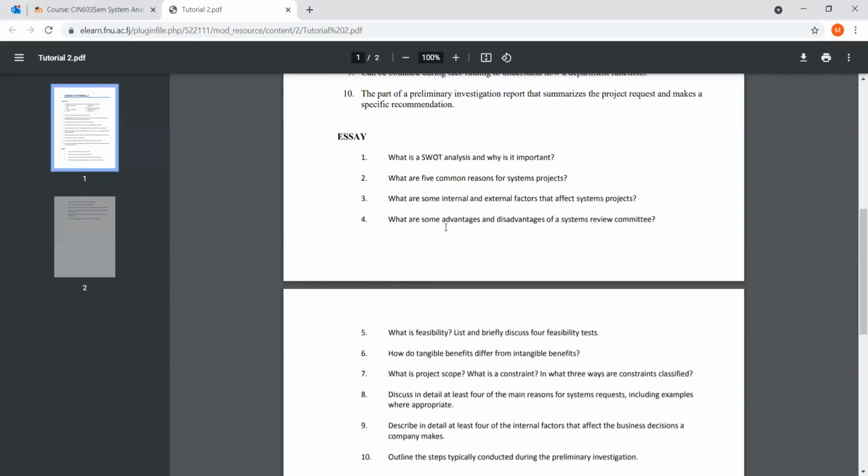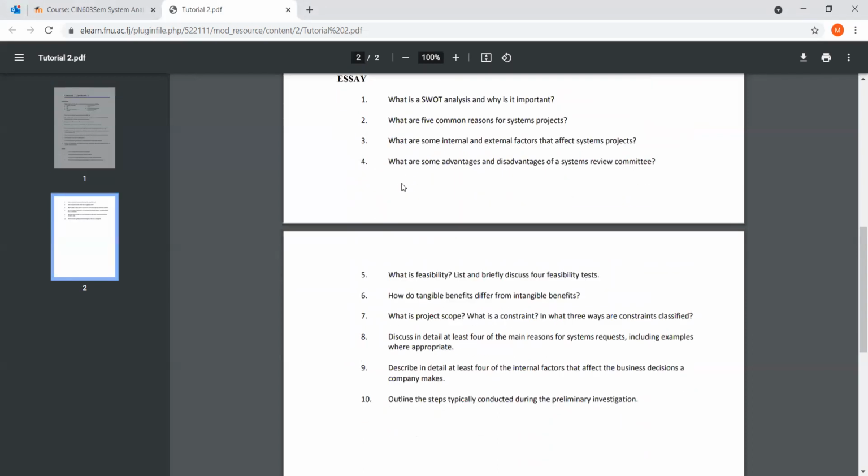Let's go on to, it's not necessarily essay, we'll treat it as short answer questions. So first one: what is SWOT analysis and why is it important? I'll start dictating just in case, and you can write it down. SWOT stands for what? Can somebody answer what SWOT stands for?